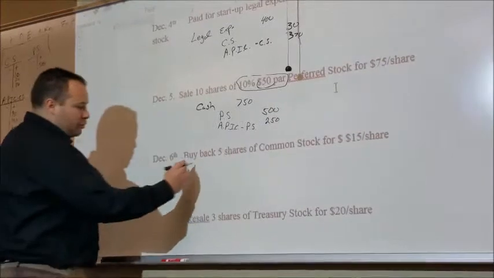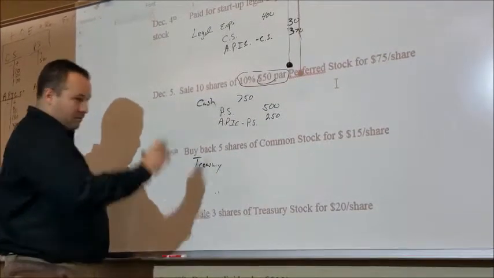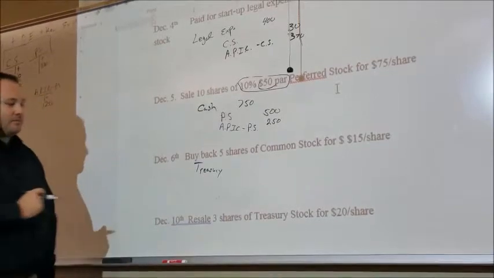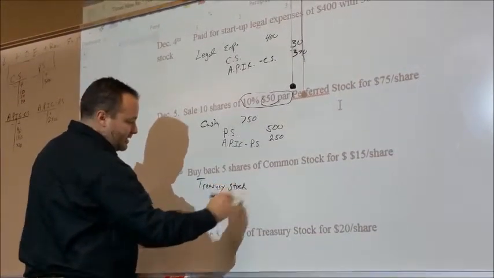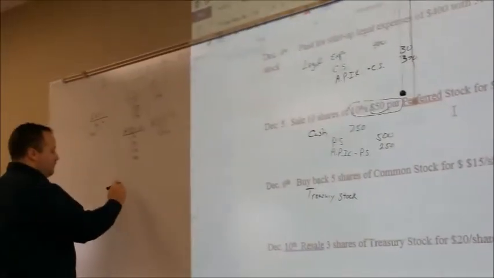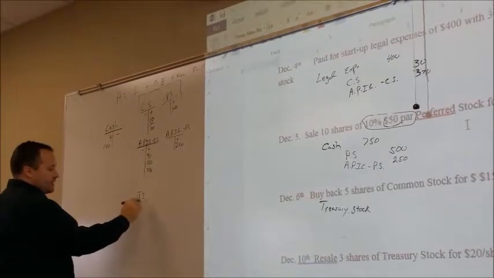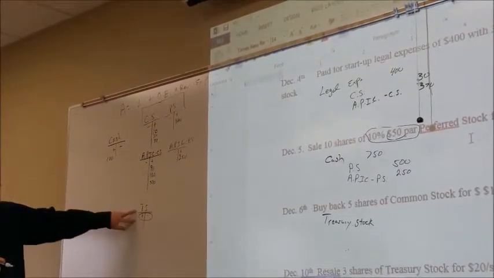If I buy back my own shares, that's called treasury stock. That 4th phase. I usually will abbreviate it TS from here on out. Treasury stock is a contra account.